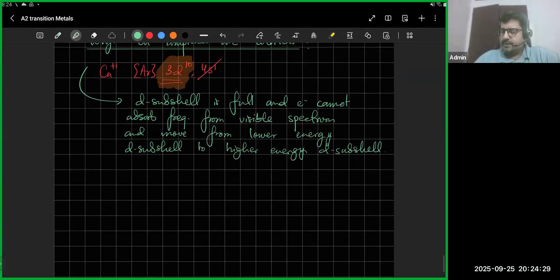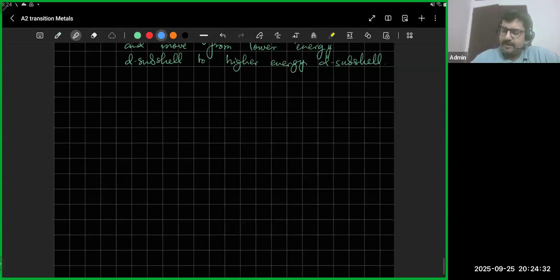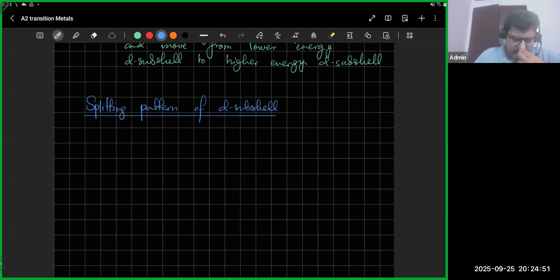Now, another important thing is that you have to know the splitting pattern as well. So the splitting pattern of the d-subshell. There are many types of complexes, but we just need to study octahedral.